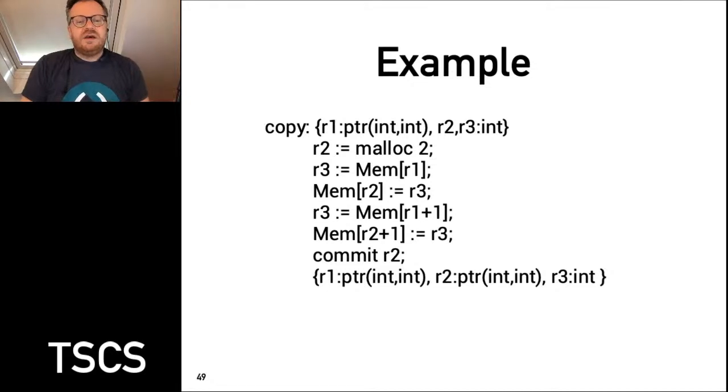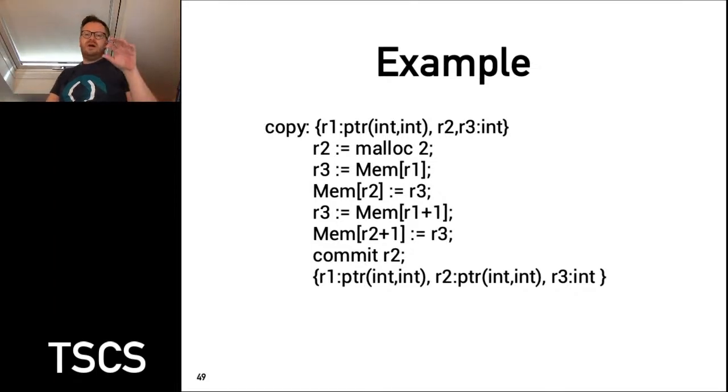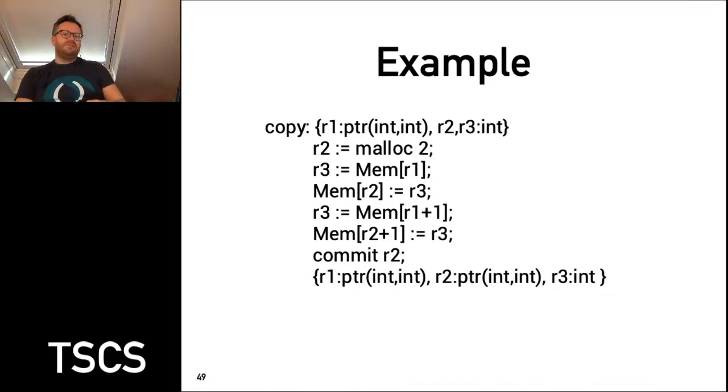So you have this code copy, and the register typings are given above and below. So the things before and after. Before, you expect R1 to be a pointer to a two word vector of int and int.